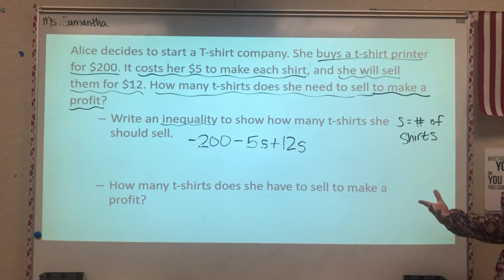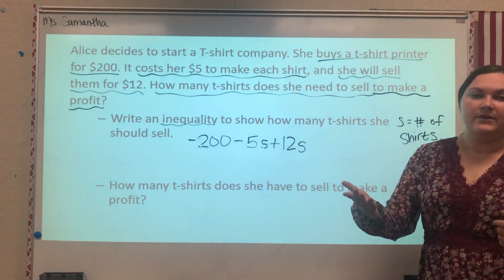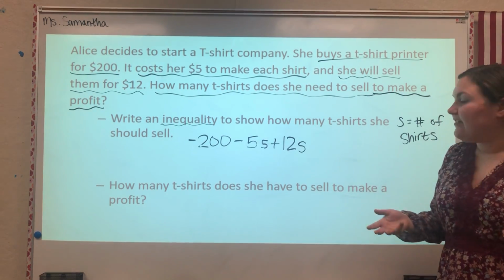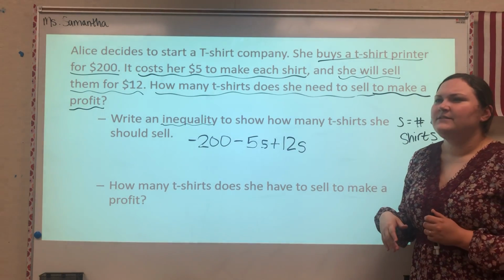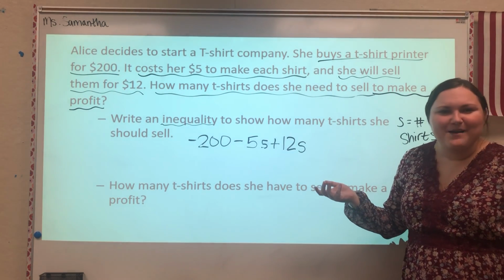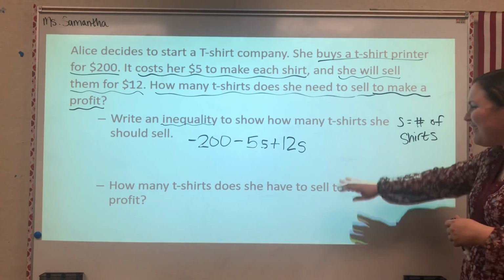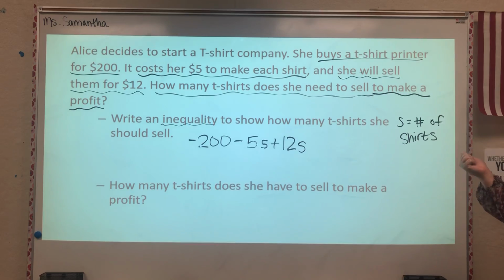Well, what's her goal? Usually in a lot of these problems, they tell us a specific goal. So like in that last one, Robin's son wanted to make at least $20. Well, we would have the $20 here. Or in the first problem, you have a total of $100 to spend. That one right here. Well, did they give us that? They didn't give us a number.